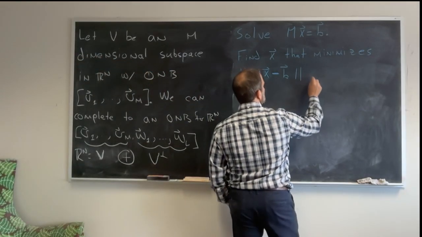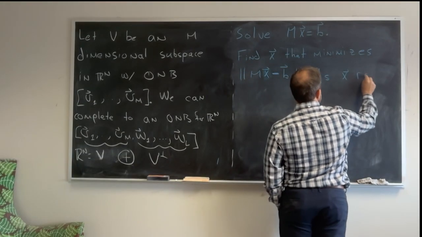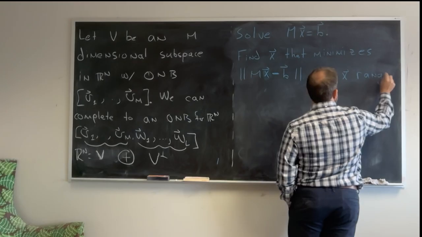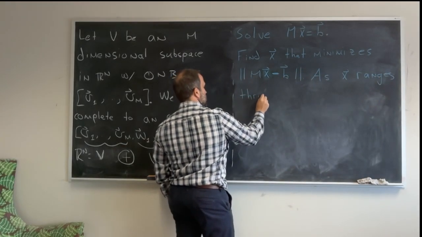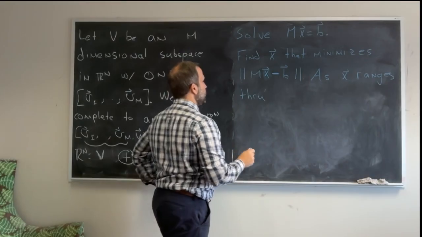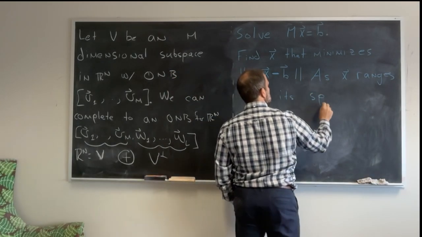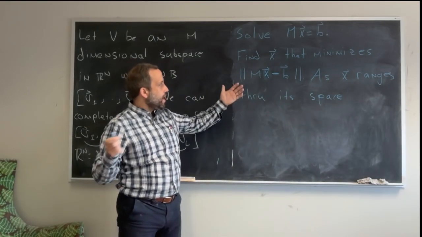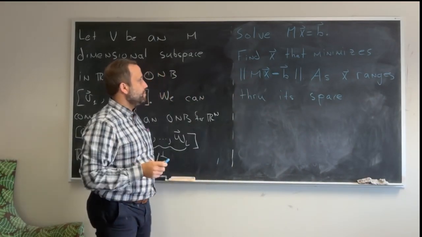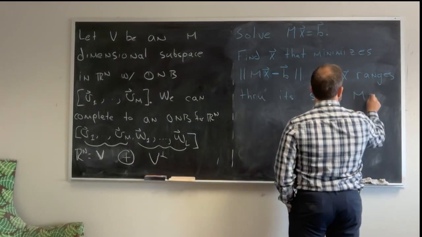But as x ranges through its space, that is R^m, where m is the number of columns of M, notice what we're doing.